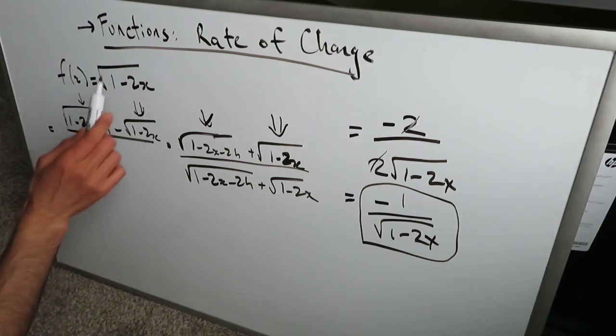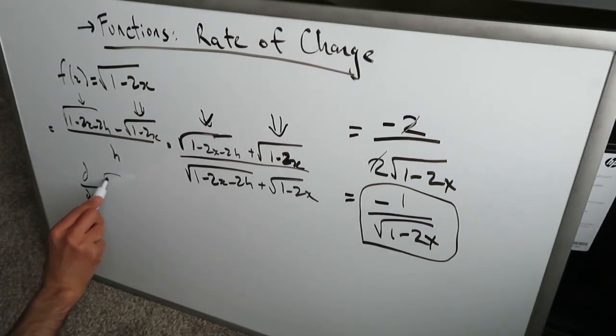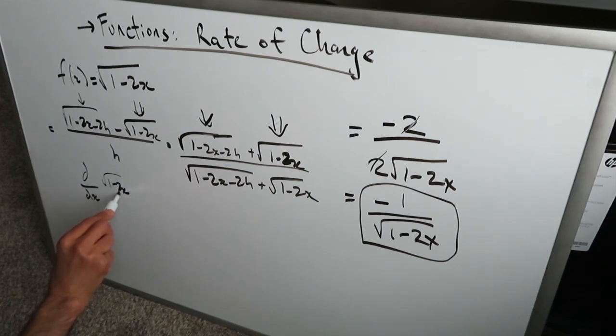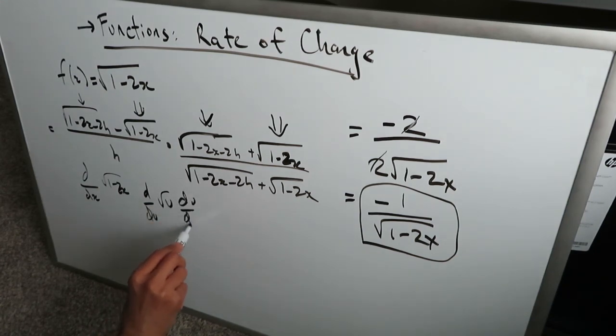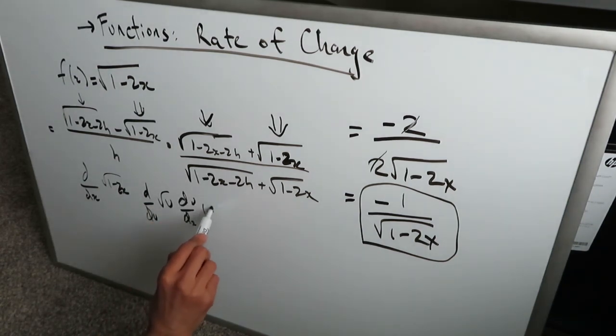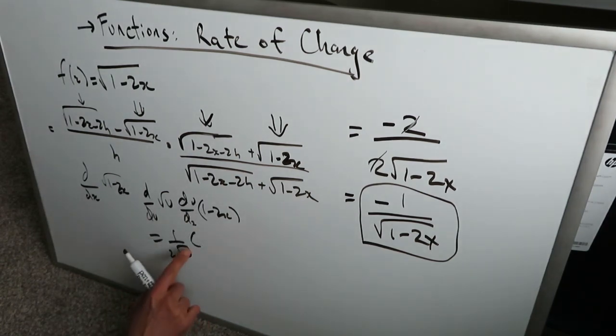I'm going to do the derivative of this original function, 1 minus 2x. I'll use something called the chain rule, d over du root u and du dx 1 minus 2x. I'll end up over here with a 1 over 2 root u, and here on the top, I apologize for bad handwriting here, minus 2.